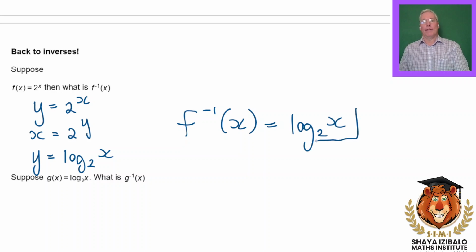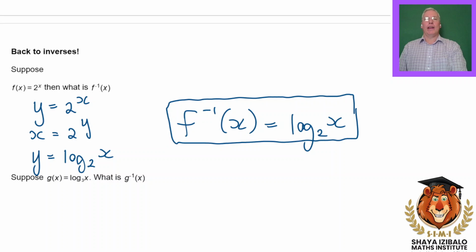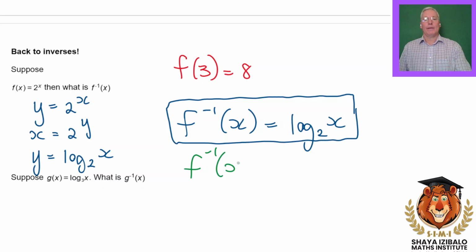Okay, there it is. I love to check, because it gives me a warm, fuzzy feeling inside. If we put 3 into our original function, 2 to the 3 is 8. Now let's check: if we put 8 into the inverse, we're saying log base 2 of 8.